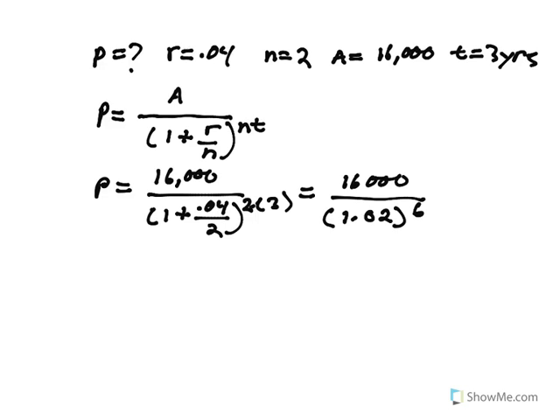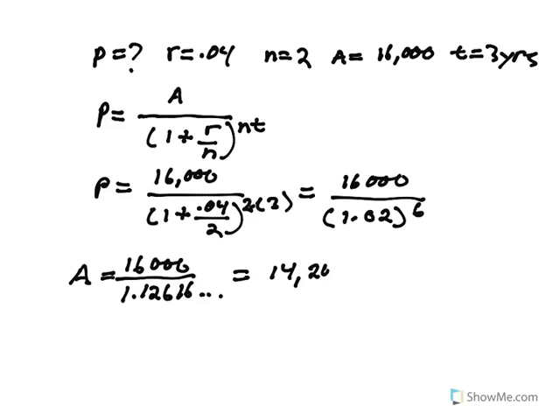You will get a number, 1.12616, etc. Leave the entire number in the calculator. Then you do 16,000 divided by that number, and you're going to get a value of $14,207.55.